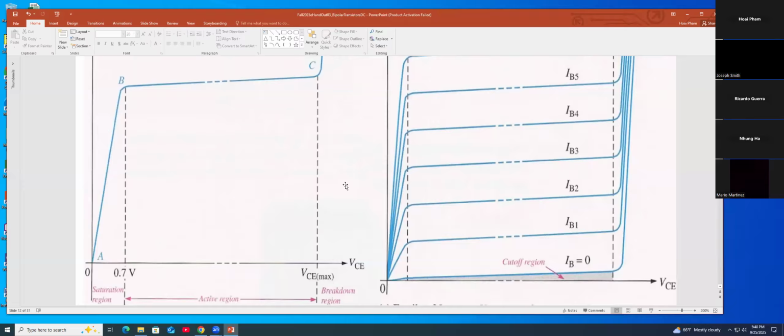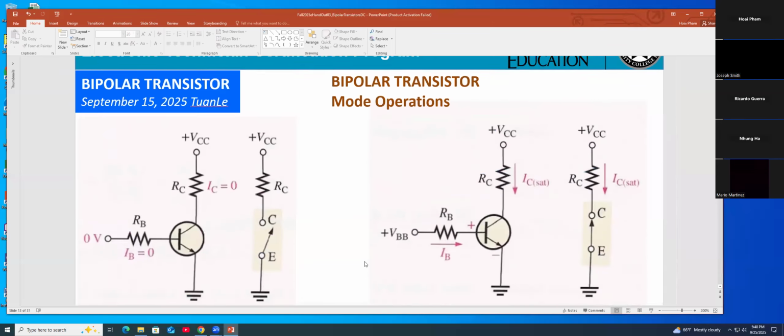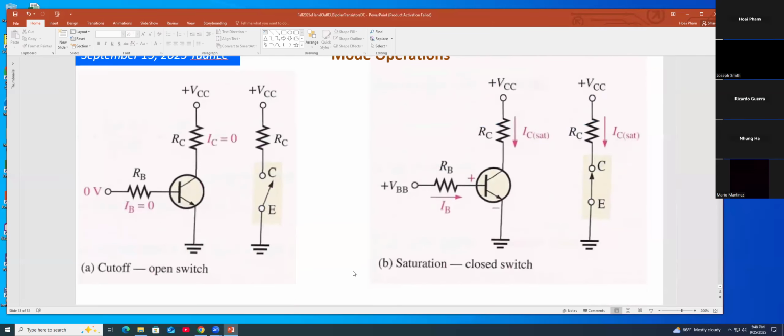So depending on the application, you make a switching on and off. They will be in saturation and cut off. If you want it to be an amplifier, it must be in the active region. If the transistor is cut off, it will be open.